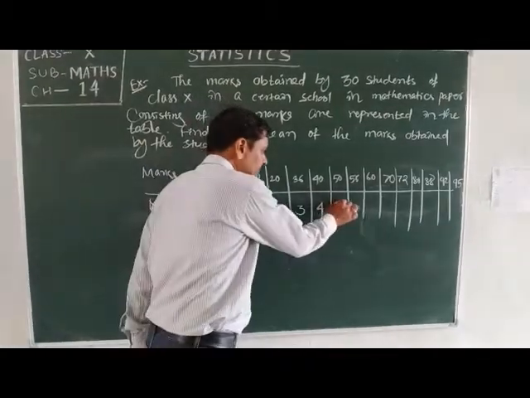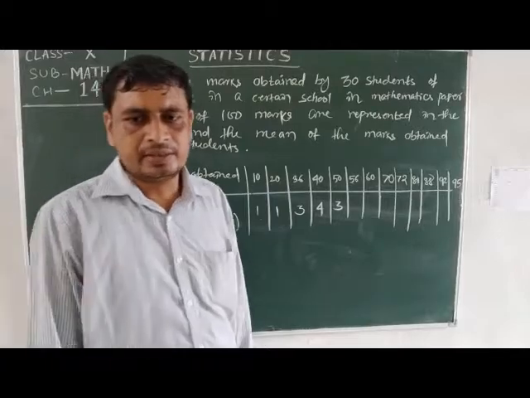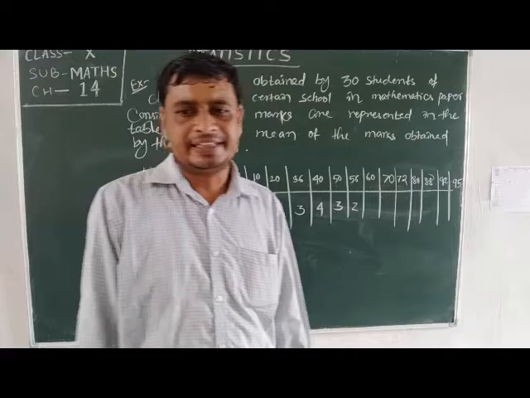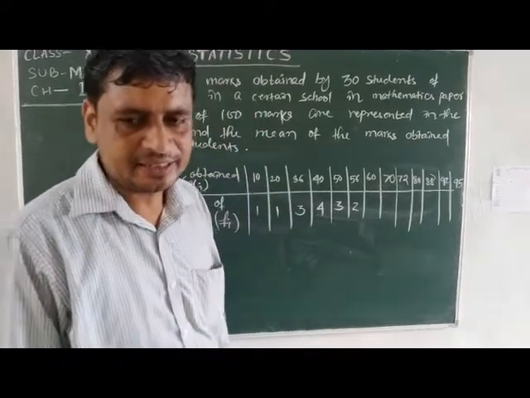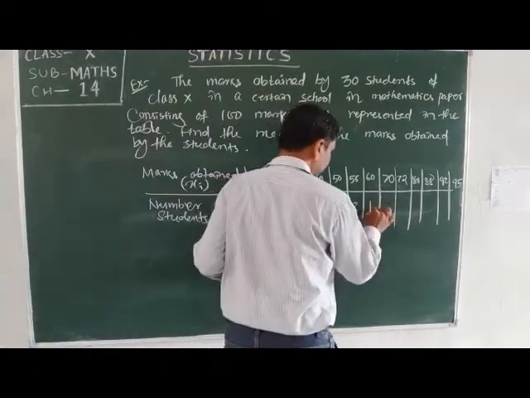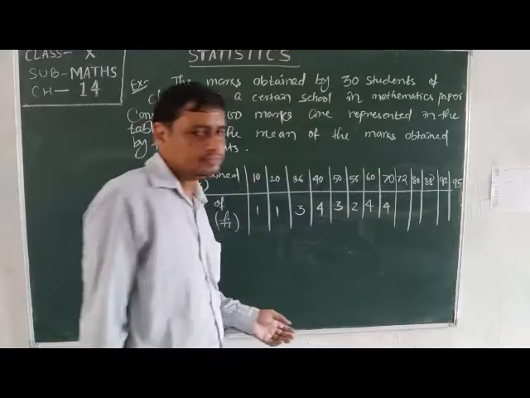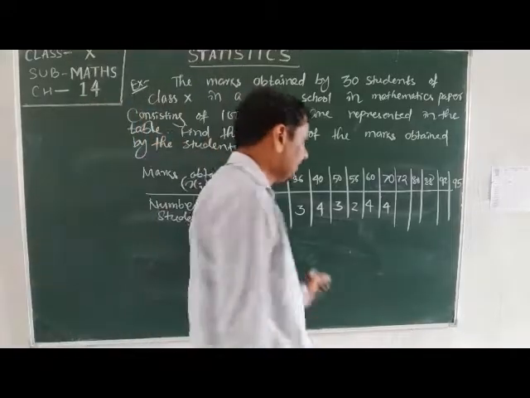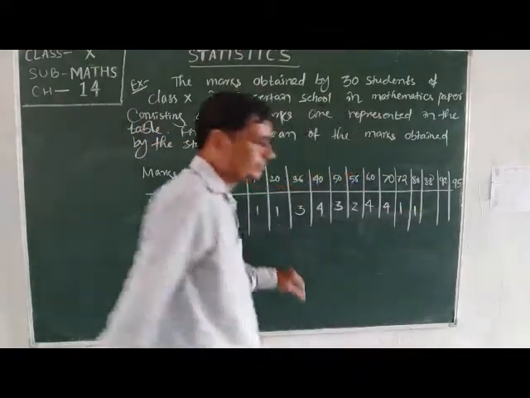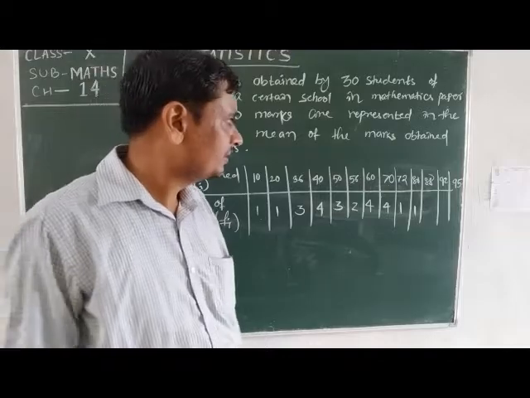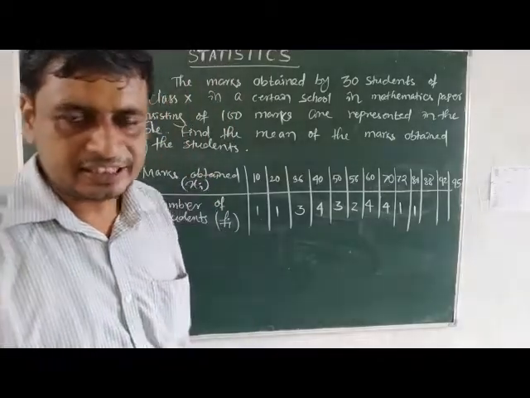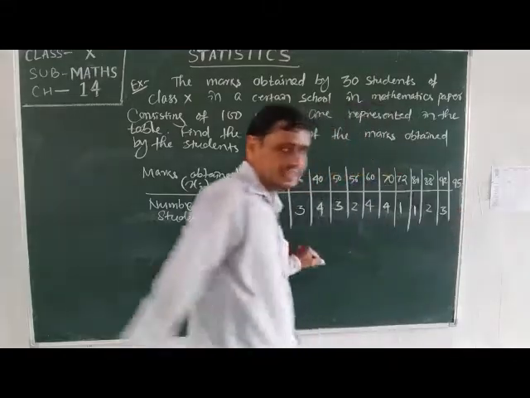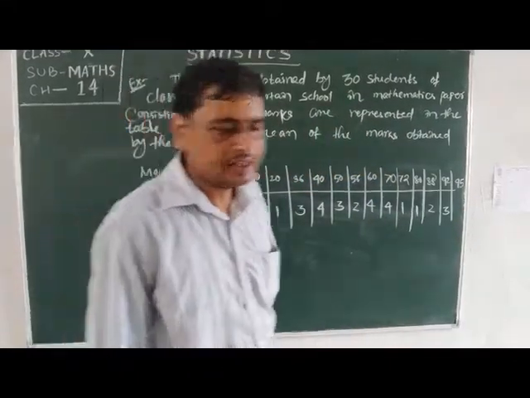Then 3 students obtained 50 marks each, 2 students obtained 56 marks each. Next, 4 students 60 marks each and 4 students 70 marks each. One student obtained 72 and one student obtained 80. 2 students obtained 88, 3 students obtained 92, and only one student obtained 95.